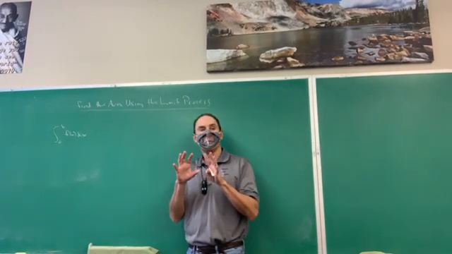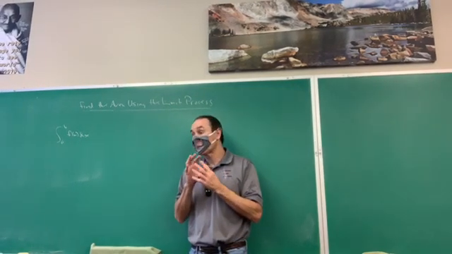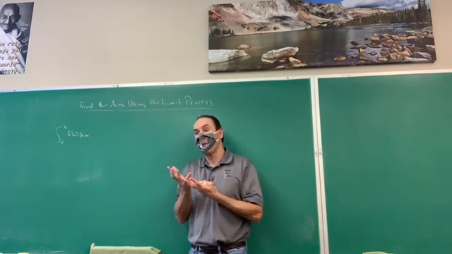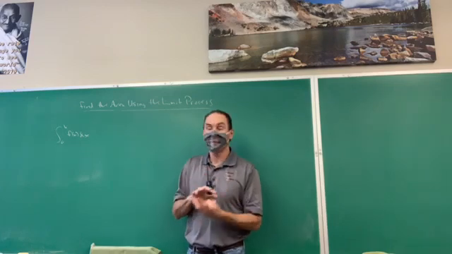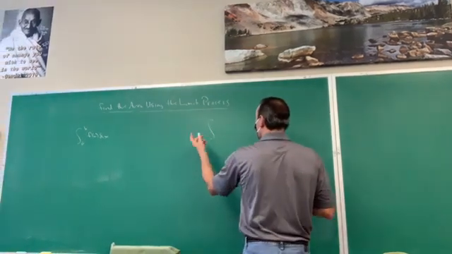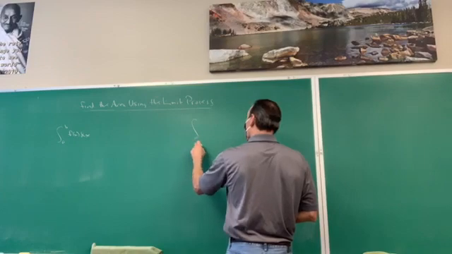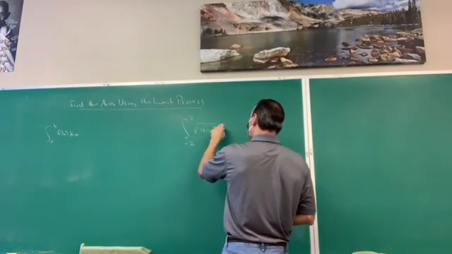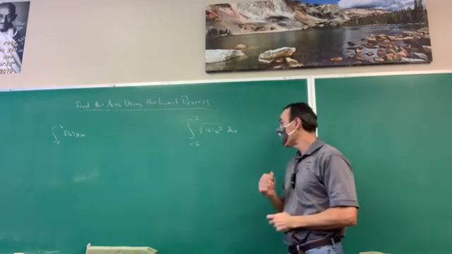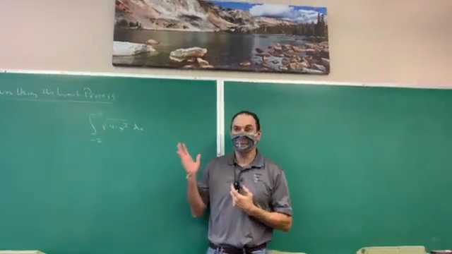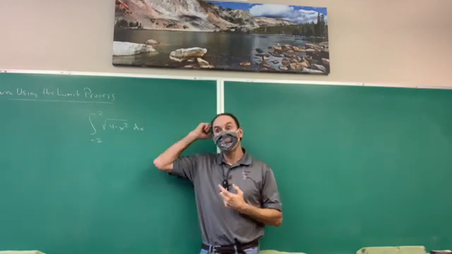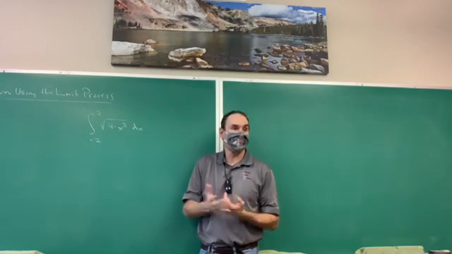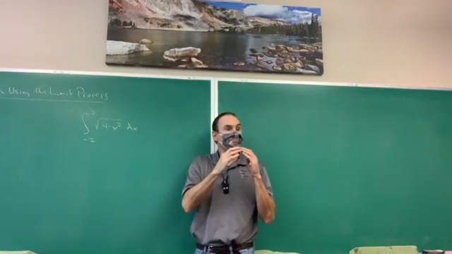So if I give you a very carefully selected graph or a function like a semicircle where you know what the geometric figure is, so for example, the integral from -2 to 2 of the square root of 4 minus x squared dx, we don't really have much of a chance of trying to do anything with this unless you can recognize that the graph of that is actually a semicircle of radius 2.